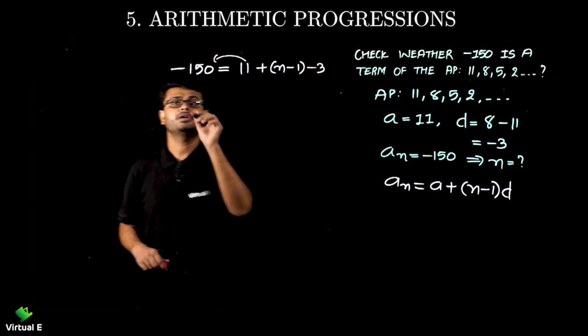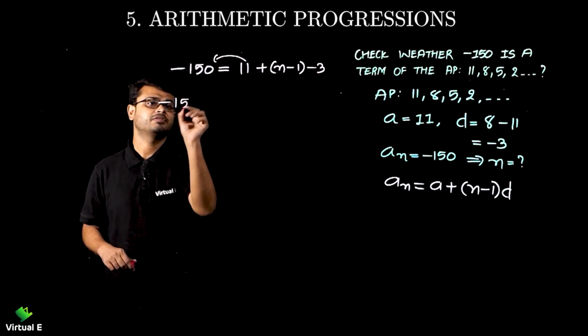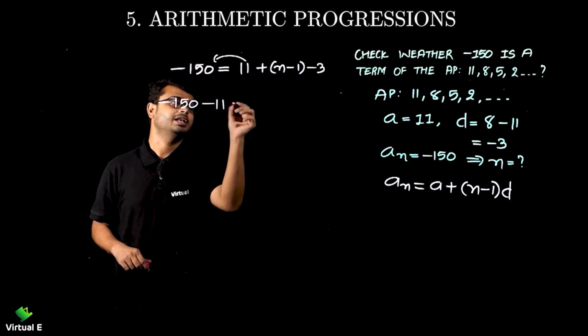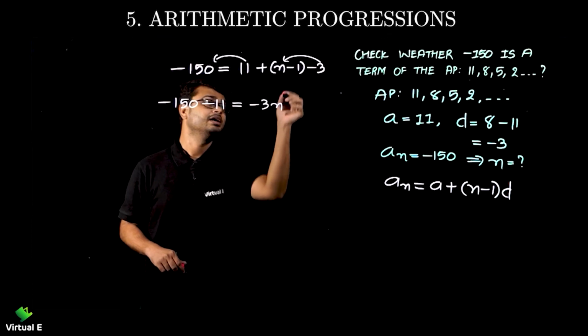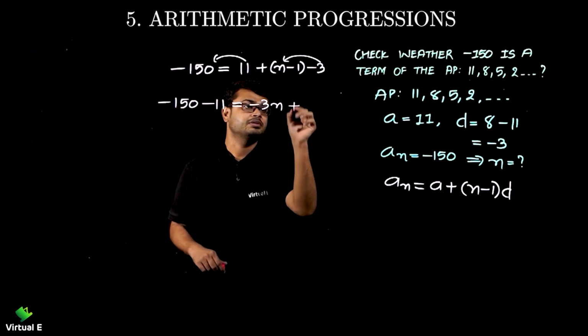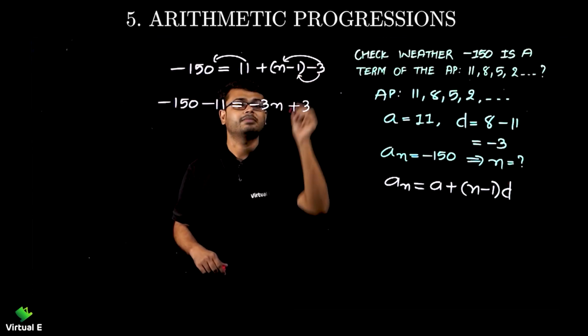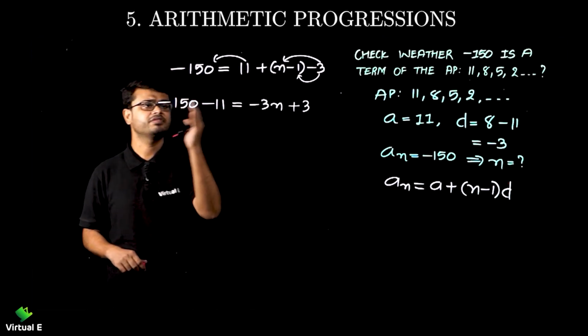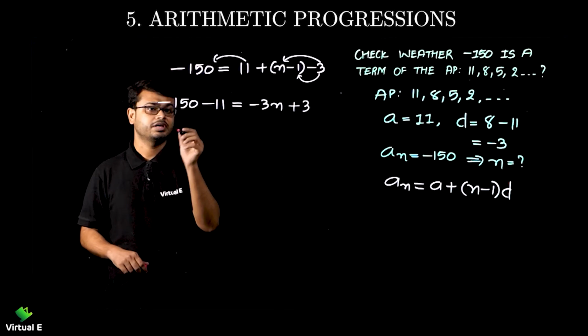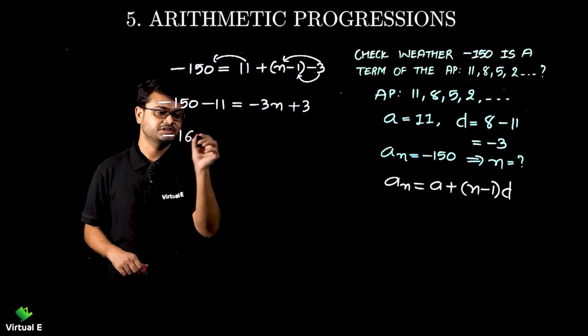Shift that over here. So minus 150 minus 11 is equal to minus 3 into n, which is minus 3n, minus minus plus 3. Okay, multiplying by this, don't get confused. Here minus 150 minus 11, that's minus 161.